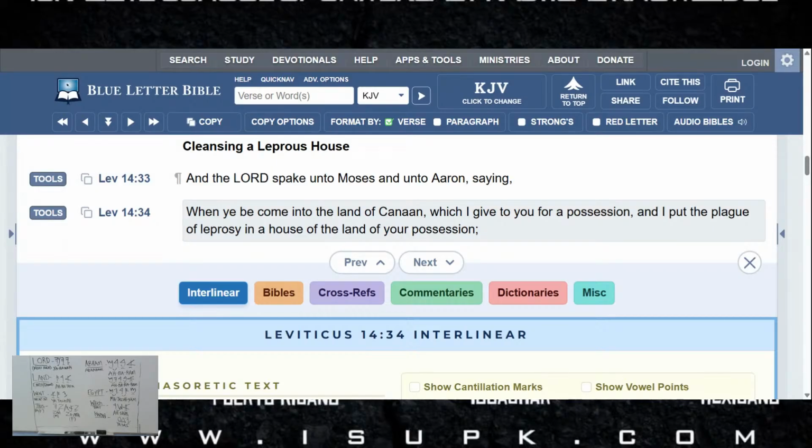When ye be come into the land of Canaan, which I give to you for a possession, and I put the plague of leprosy in a house of the land of your possession. Put in their land, okay? Which is in the land of Canaan, right? Which is Israel. We took that land from the Canaan.